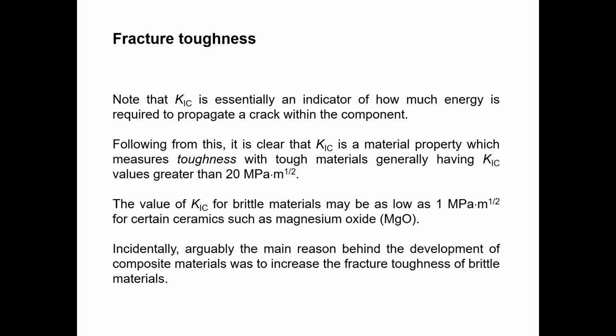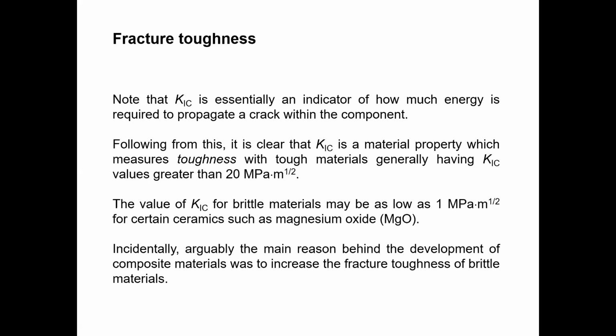So in a particular question, if they ask whether this material is a soft material, you need to find the KIC value and check whether it is higher than 20 or not. If it is higher than 20, you can call it a tough material. But if it is lower than 20, you can say it's a soft material, something like that.